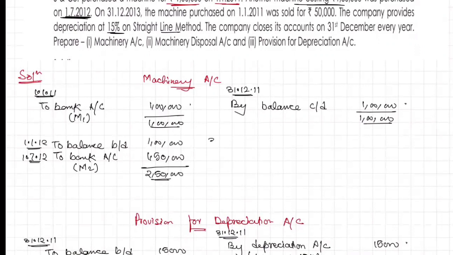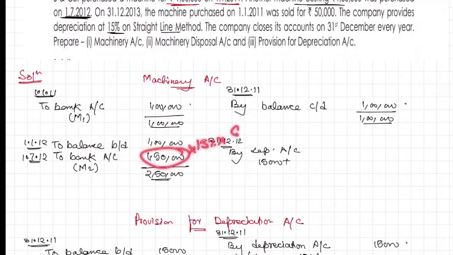So what we used to do, 31st 12 12, by depreciation account, we used to write 15% on it because it is for full year. So it will be 15,000, correct? And this 1.5 lakh into 15% into 6 by 12 because it came in the month of July.